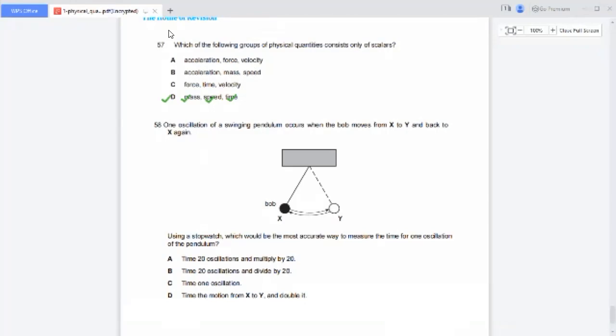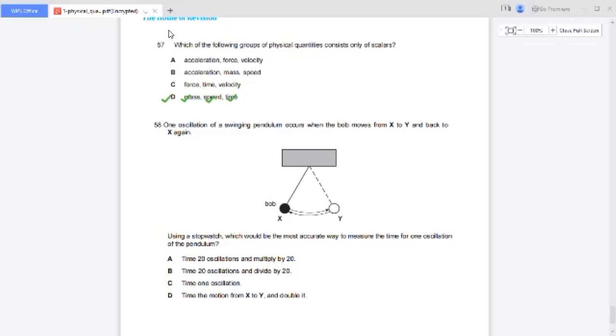One oscillation of a swinging pendulum occurs when the bob moves from X to Y and back to X again. Using a stopwatch, which would be the most accurate way to measure the time of one oscillation of the pendulum?